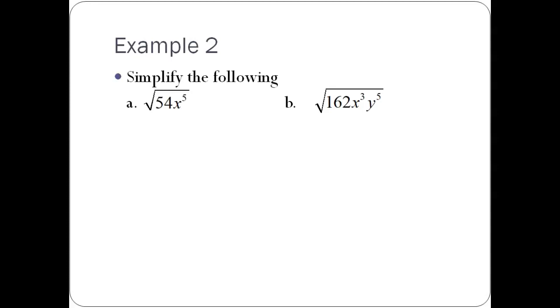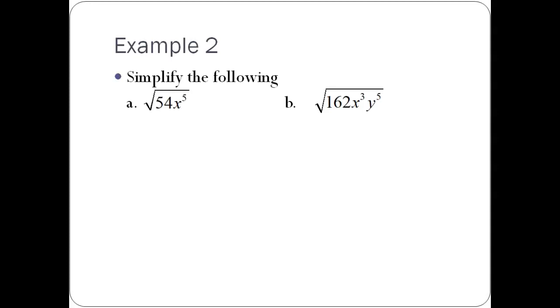However, there may be factors of x to the 5th that are perfect squares that we can take out. So what I'm going to do is rewrite this expression with two radicals, one that has perfect squares under it and one that has everything remaining in it.